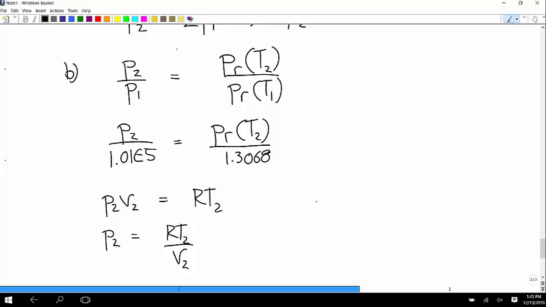Okay, so we have P1. We know that V2 is 0.5 V1. We know that P1 V1 is equal to R T1. So we know that V1 is equal to 0.838.